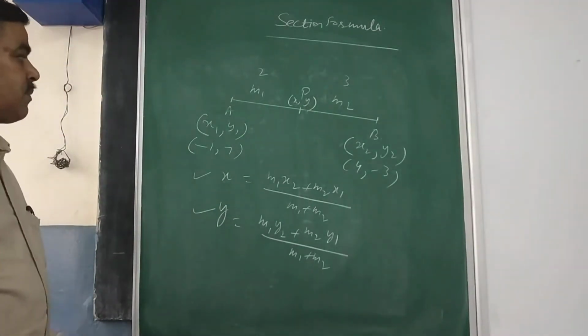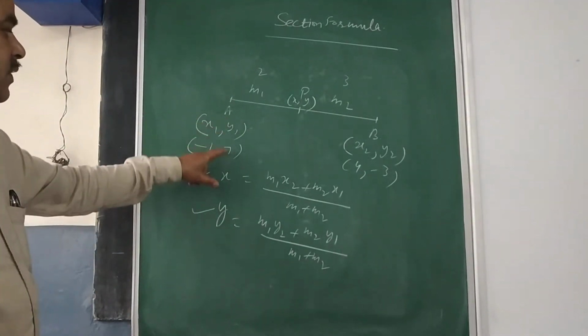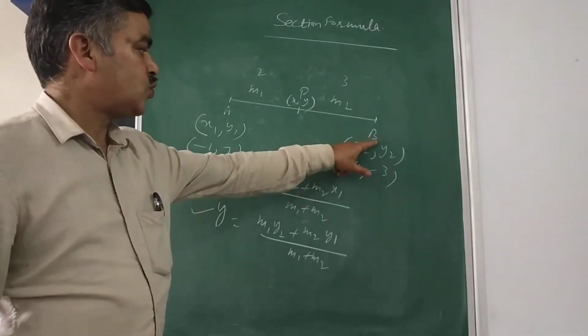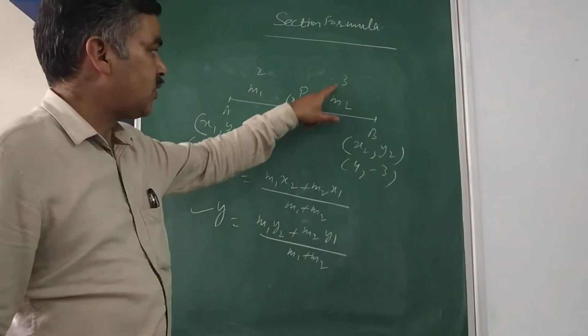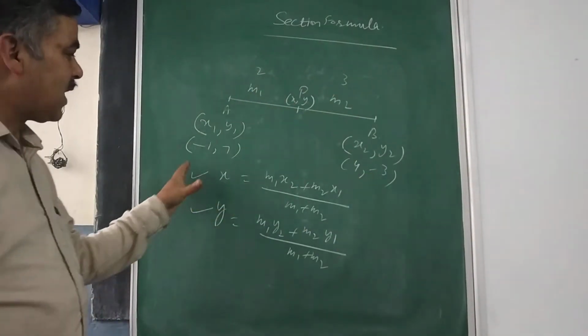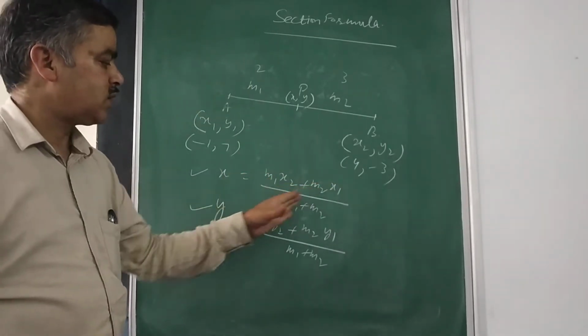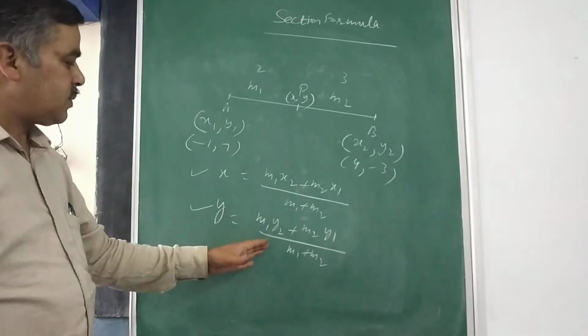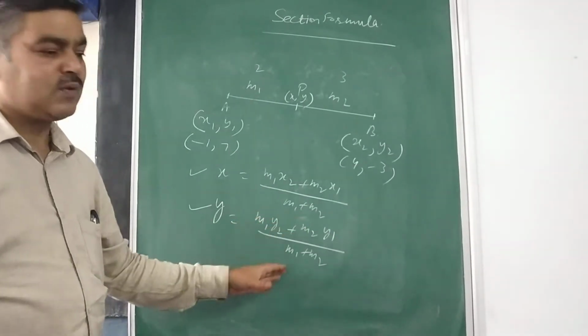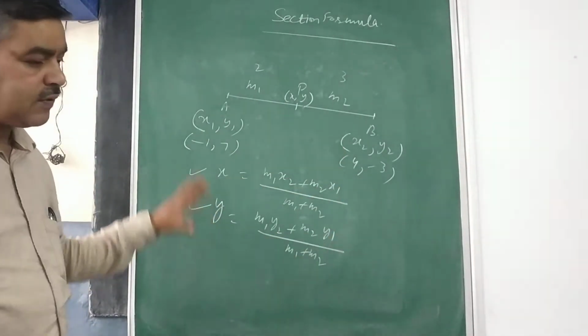Now very simple: I am given x1, y1, x2, y2, and m1 and m2. I simply have to substitute all these values, m1, x2, m2, x1, m1 plus m2, and similarly for y, to get the values of x and y.